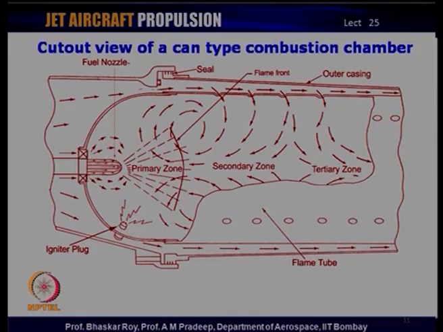Now, let us take a look at this combustion phenomenon. The flow, as I mentioned, is coming from the compressor at very high pressure, and as we saw in the last class, about 20% or so comes inside the main combustion zone, and it comes through what we call a swirler.